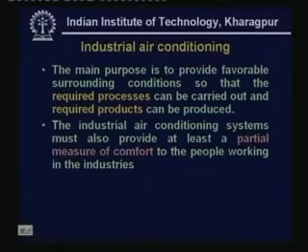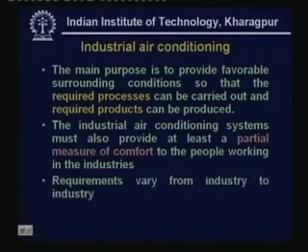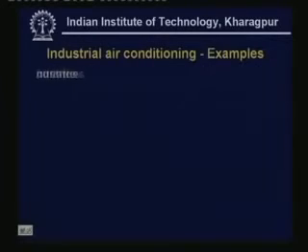Now let us look at some of the typical industries which require air conditioning. And as I mentioned, in case of refrigeration, the requirements here vary from industry to industry. That means depending upon what kind of products you are producing or what kind of processes are being carried out, the required conditions will be varying. Some of the examples are textile industries.